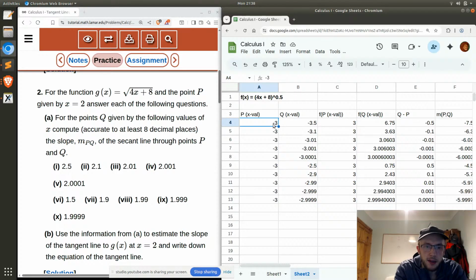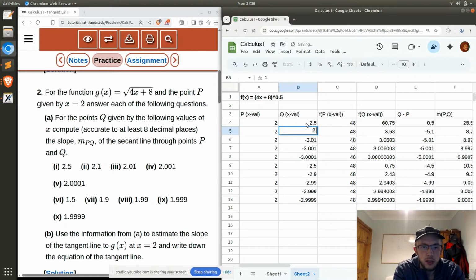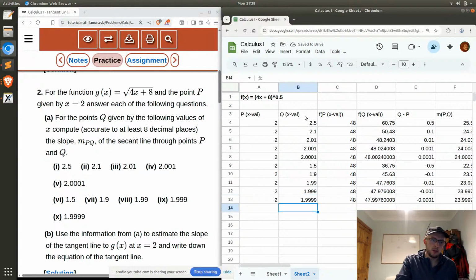This time, the p-value is given as 2. So that's what my value will be there. And this time, here are my q values.